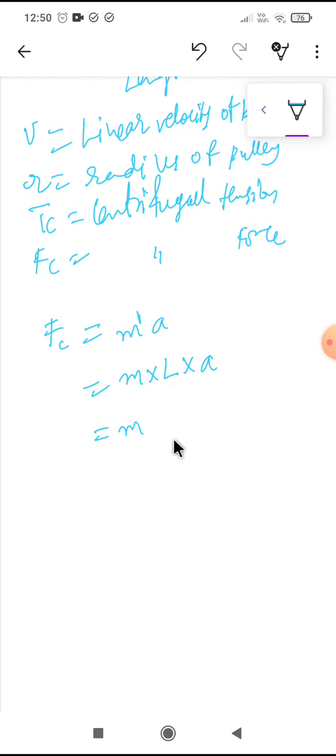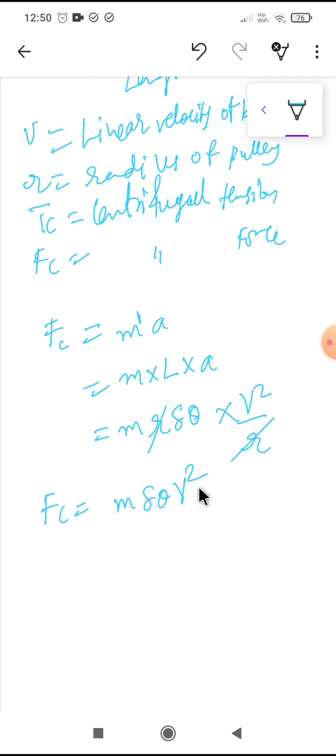So it will be m into r into delta theta into acceleration a. Now what is the centrifugal acceleration? That is v square by r. So r gets cancelled, and we are left with FC equal to m delta theta into v square.